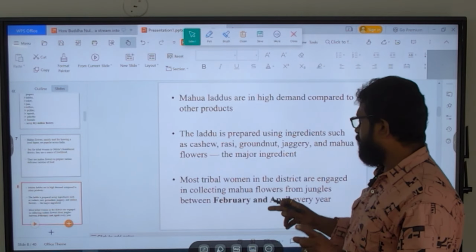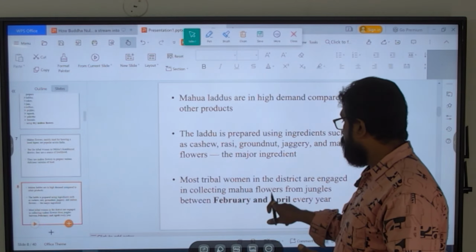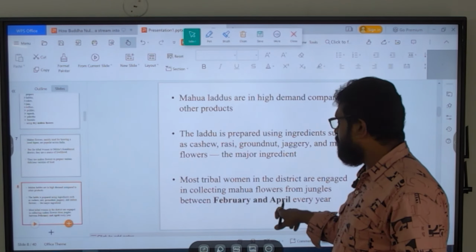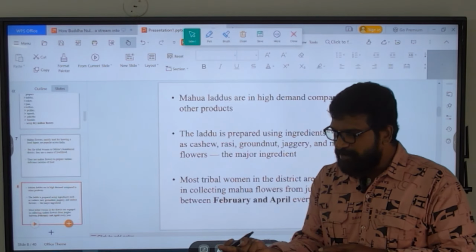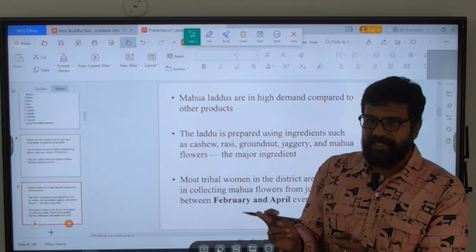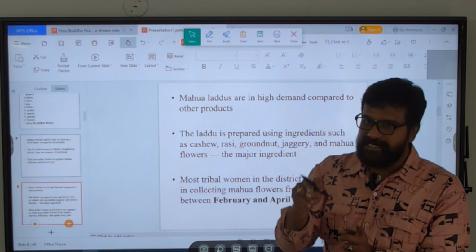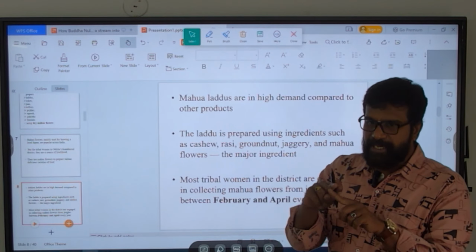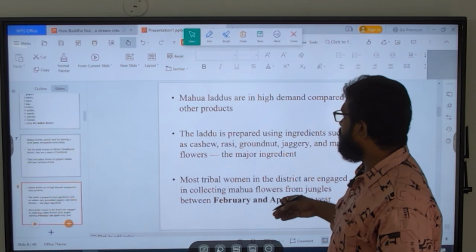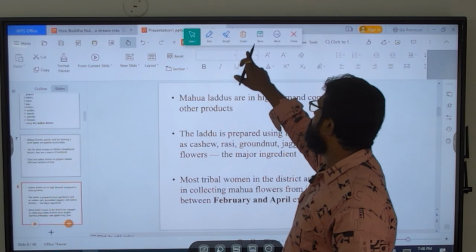I told you, the tribal people who are living there collect that mahua flower only between February and April, because in March the spring season starts. So February, March and April are the spring season. The starting season is February, the peak season is March, and the ending season is April. So in these 3 months, these people collect the mahua flower in large amounts and make these delicious items.